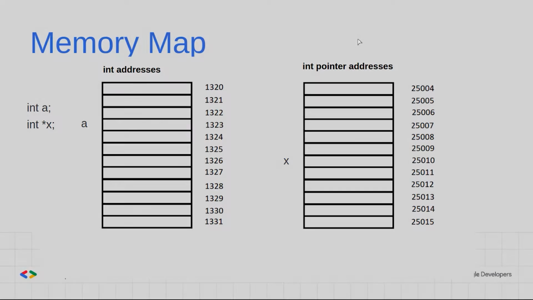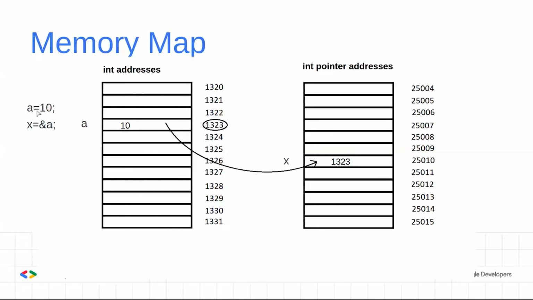So when I say int a is equal to 10, the number 10 is stored in the location that is assigned to a. And similarly, when I say x is equal to ampersand a, the address of a is stored in the location of x.